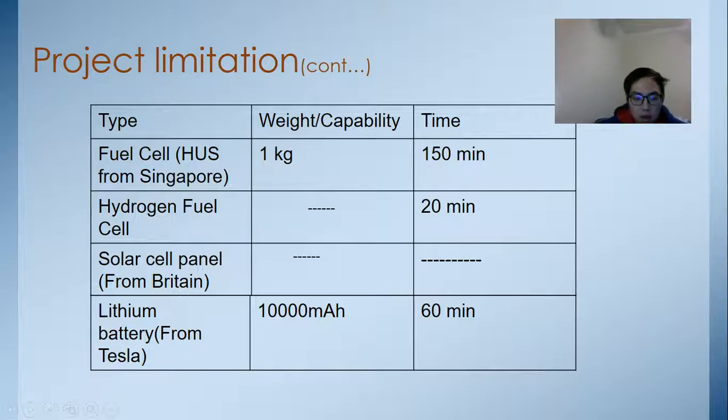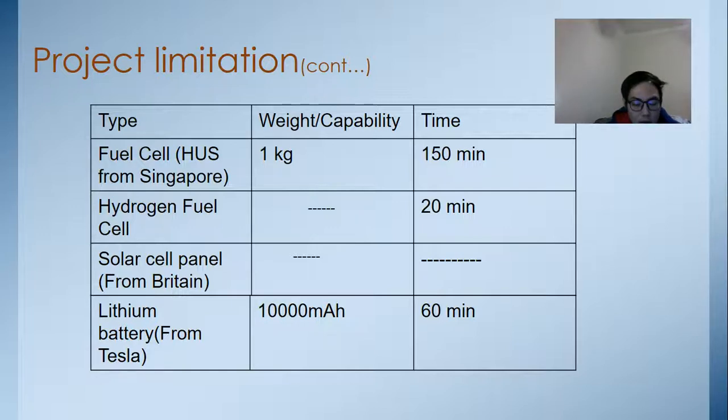They also have a quadcopter, and the weight of their fuel is 1 kilogram, and this can last more than 115 minutes. And the second is hydrogen fuel cells, and this kind of fuel can last more than 20 minutes.